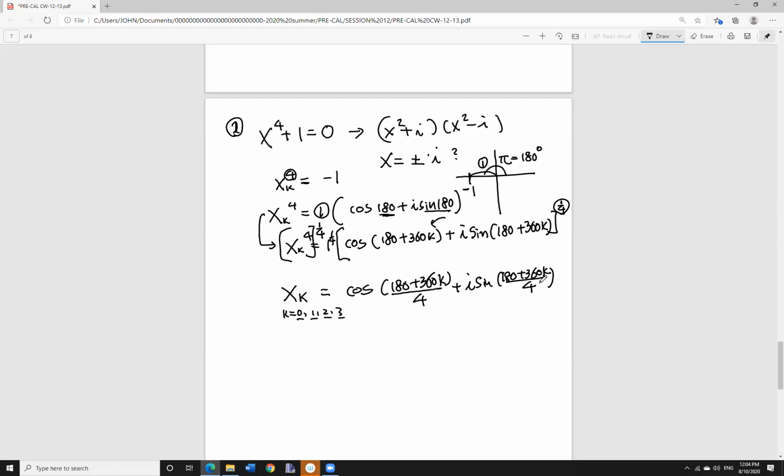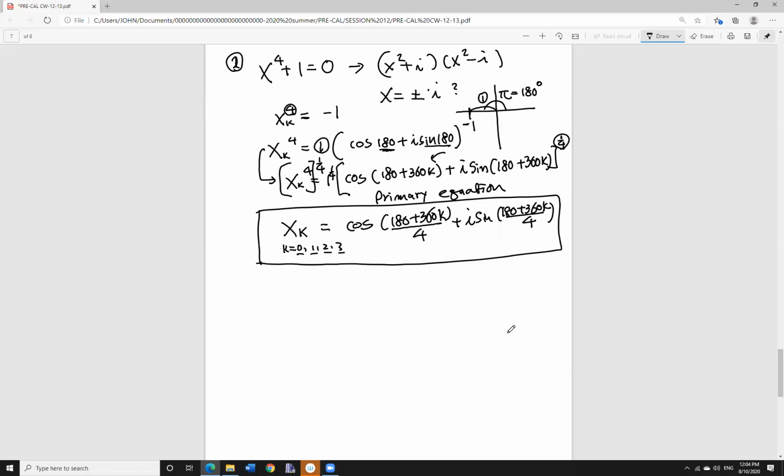Now we have set up the primary equation, which generates the roots. If we don't have the primary equation, we cannot go to the next step. Now we can proceed.